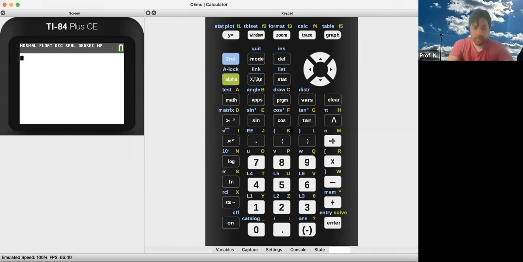So I got 3.46 squared plus 2.92 squared minus 2 times 3.46 times 2.92 cosine of 40.3.